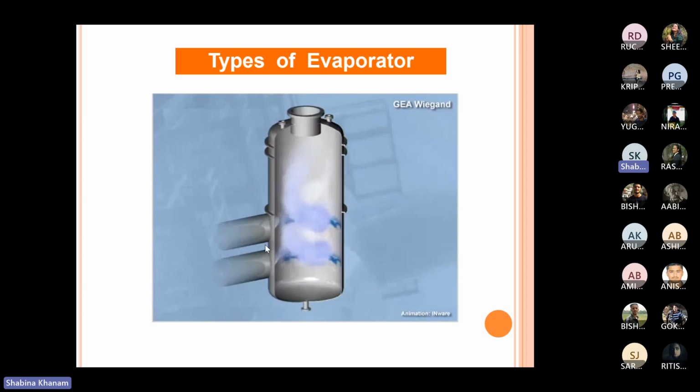If you consider this pipe, this is not a perpendicular pipe, this is a tangential pipe, which creates automatic circulation in this vapor liquid separator that you can see. So vapor moves up and liquid moves down automatically.